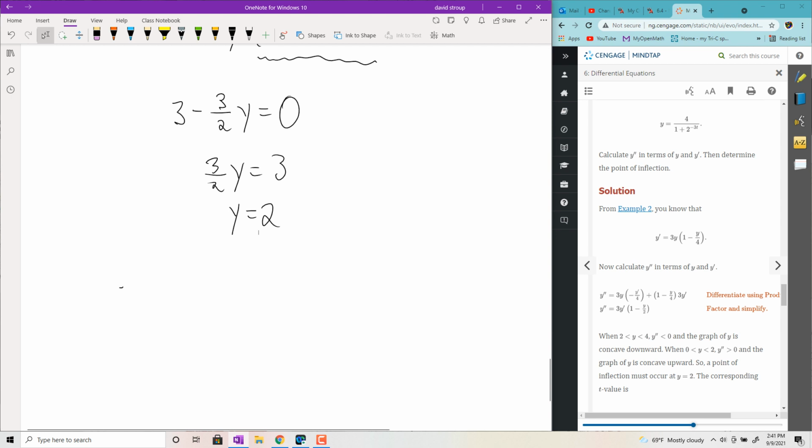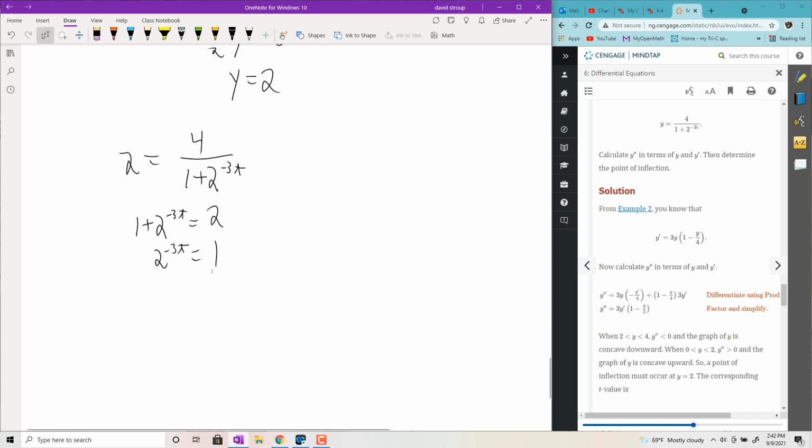for t. So I have 2 equals 4 all over 1 plus 2 to the negative 3t. You can cross multiply, get 1 plus 2 to negative 3t equals 2. 2 to negative 3t equals 1. You could take the natural log on both sides if you wish. So ln 2, ln 1.